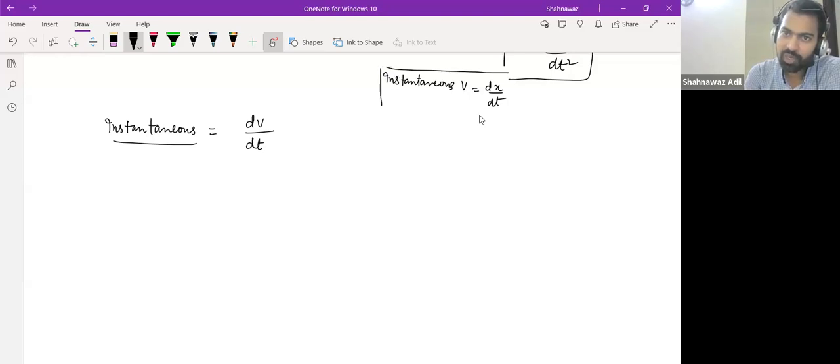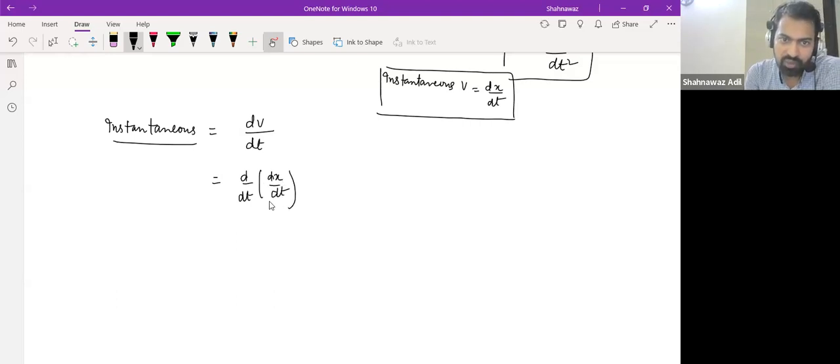So when we place the value of v in here, we get d by dt of dx by dt. So we have one differentiation and on top of that another differentiation. So we can write this as d square x by dt square. This is called the second order differentiation.